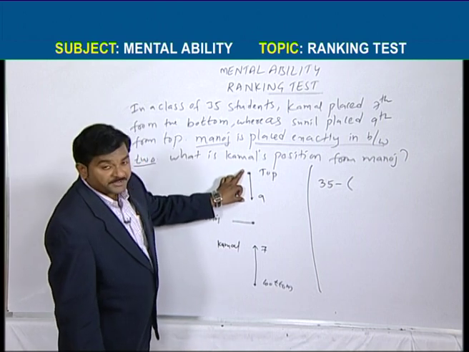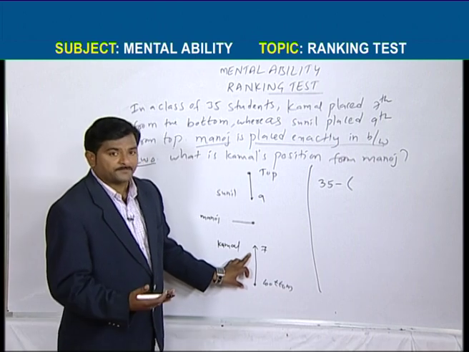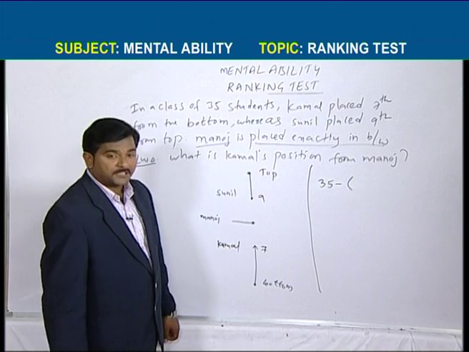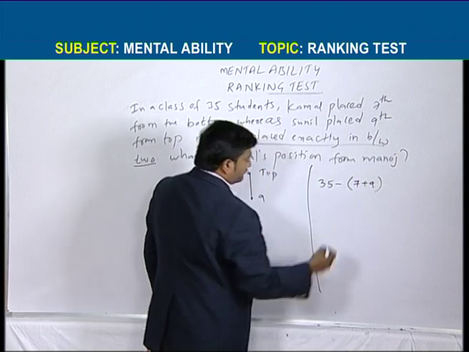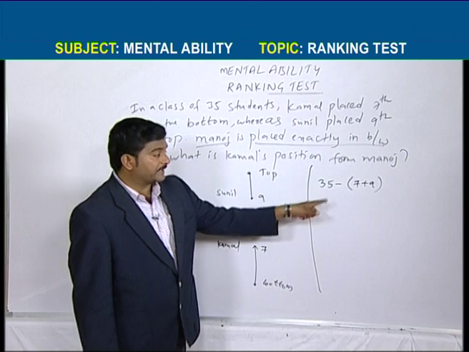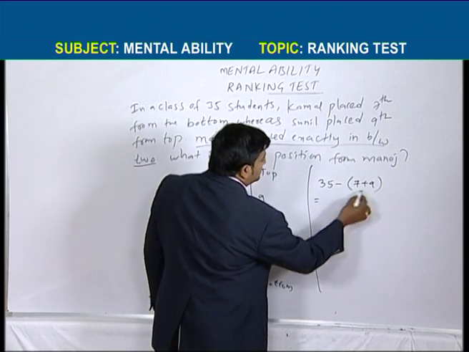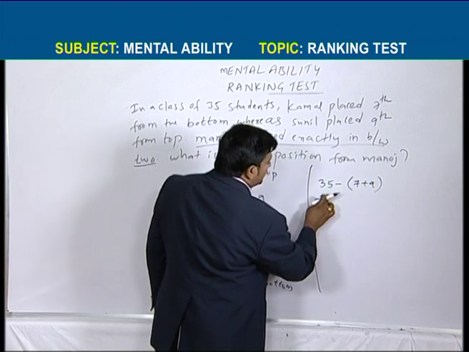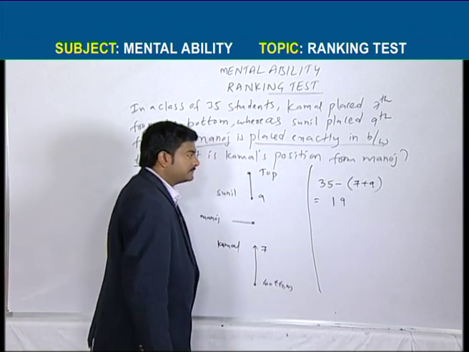Here 9 persons are on top, 7 persons are at the bottom. So 7 plus 9, total how much? 16. From 35 subtract 16, so obviously I am getting 19. Is it 19?